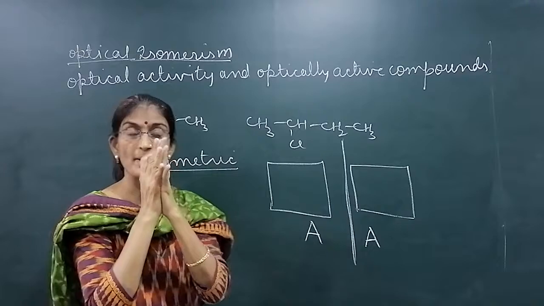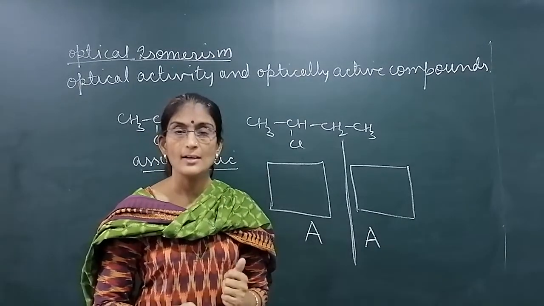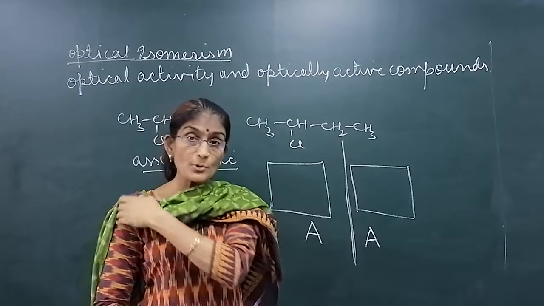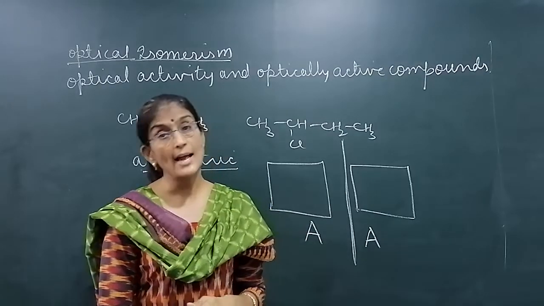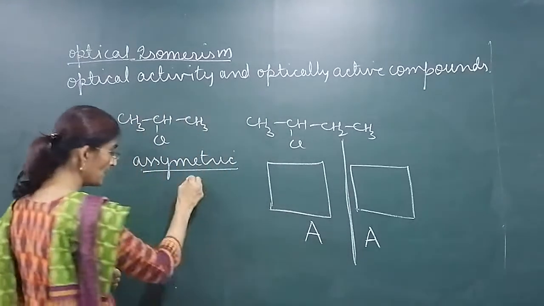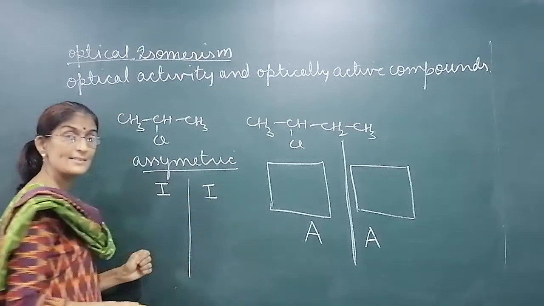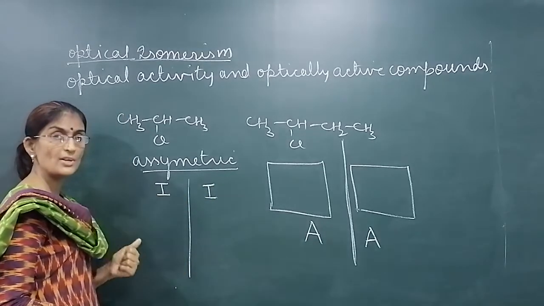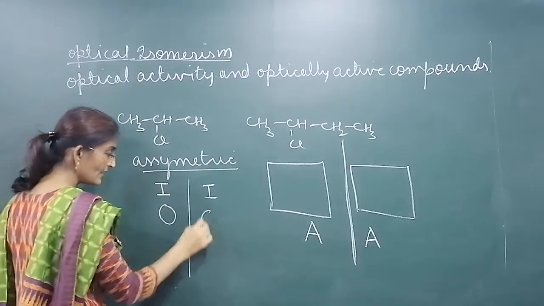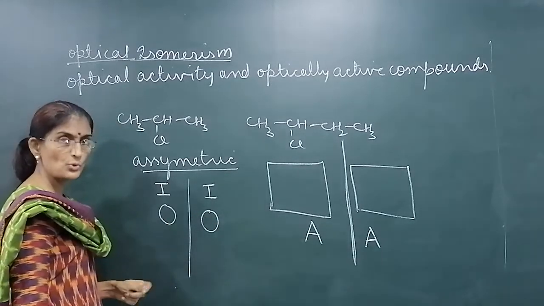So if their mirror images are superimposable, we can say that it is symmetric. And if their mirror images are not superimposable, then we can say that it is asymmetric. Other alphabets we can see, like I: if we keep a mirror over here, its mirror image is superimposed on it. O, we can say they are symmetric because their mirror image superimposes on it.